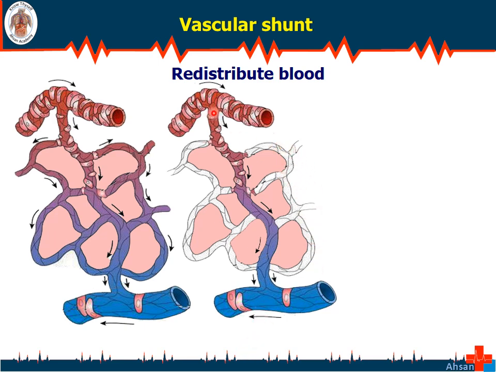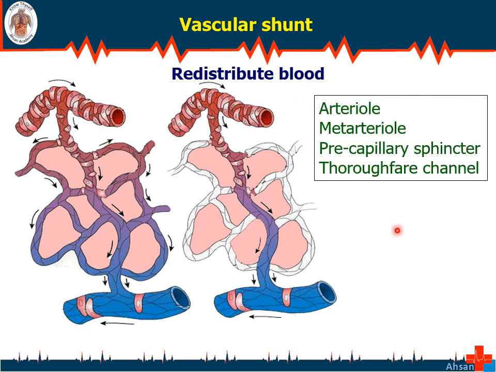So a large amount of blood is suddenly returning back to the venous circulation and maintaining the blood volume in essential areas. This is called redistribution of the blood. So for the redistribution of the blood, arteriole, metarteriole, precapillary sphincter, and thoroughfare channels are responsible. And we have discussed the mechanism, how they are working.